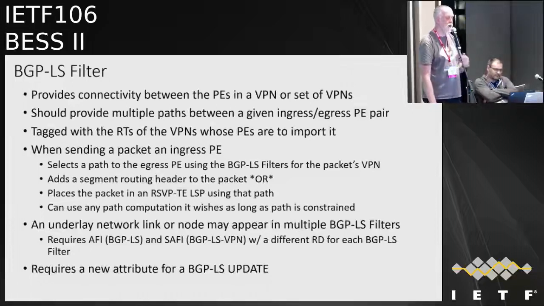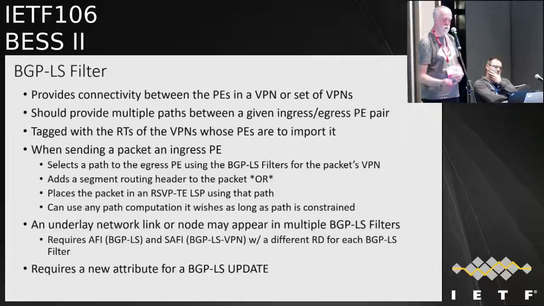You add the segment routing information into the header, or place the packet onto the right LSP, depending on what your forwarding plane is. And you can use any computation tool or engine that you want for that. Pieces of the underlay network may appear in multiple BGP-LS filters, and that's all according to what the central controller has done, how it's looked at the resources. But it means that you need an AFI and a SAFI with different RDs for each filter.